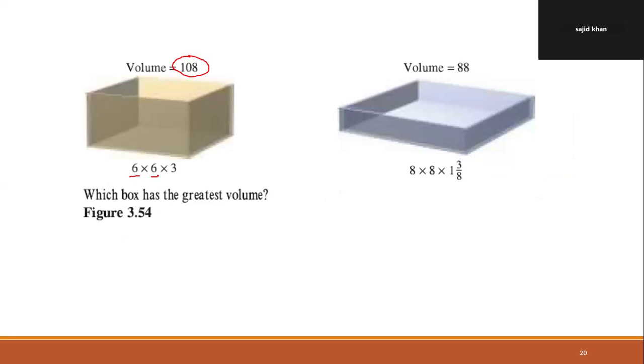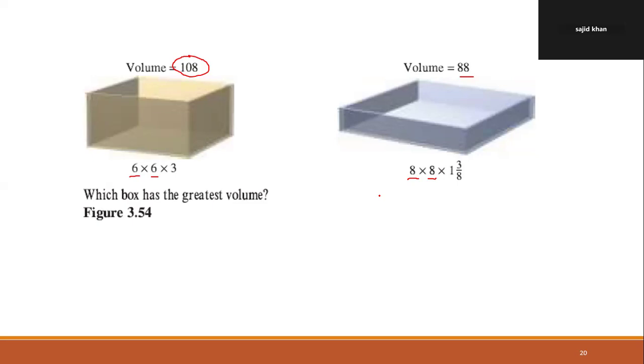So it is basically a reasonable size. In appearance, it is basically a flat open box which does not have the maximum volume. When we take the value of x equal to 8, our output is basically 88, which is less than 108.